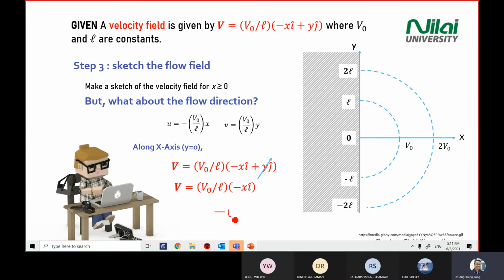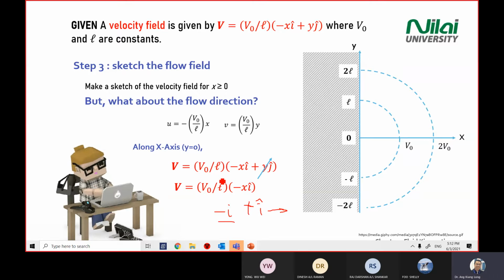When you have a negative i, what does it mean? When you have a positive i, it means positive i hat, it means you go along the x-axis. If you have a negative i, or a negative value of the vector, it means it goes in another direction.